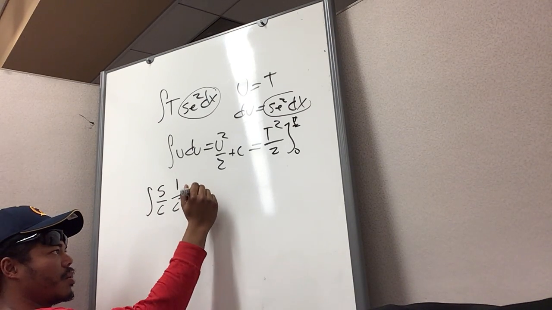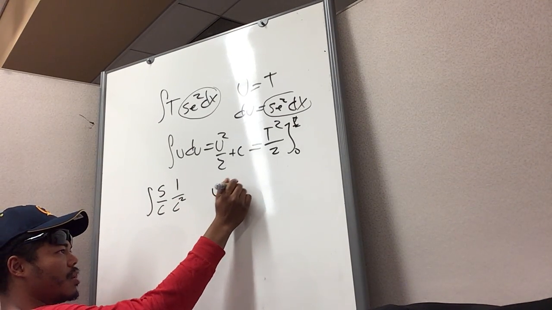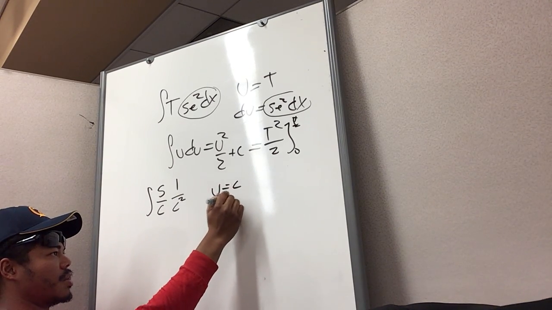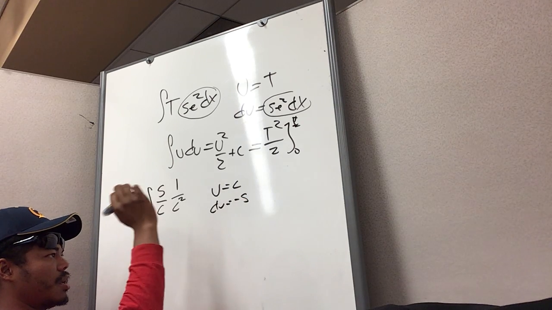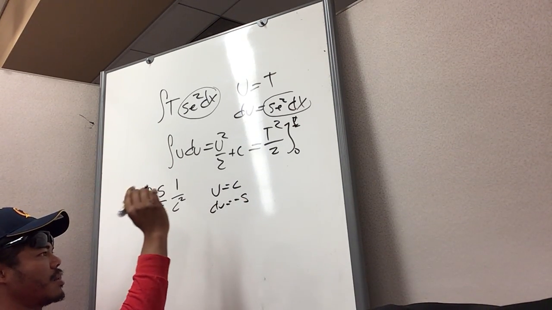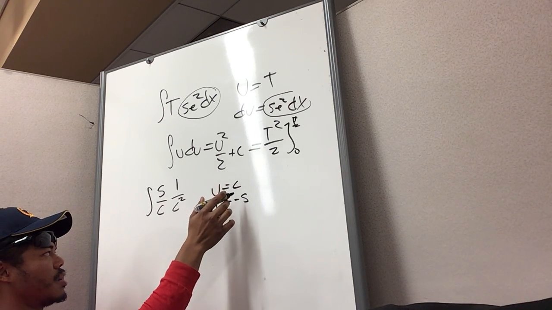So if u equals cosine, du equals negative sine. Correct? Correct.